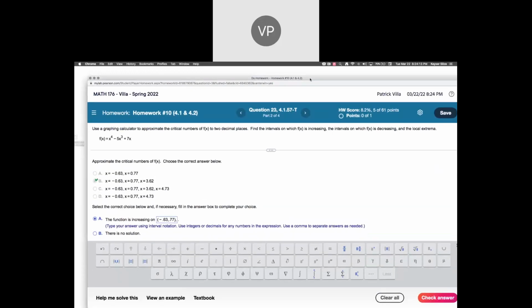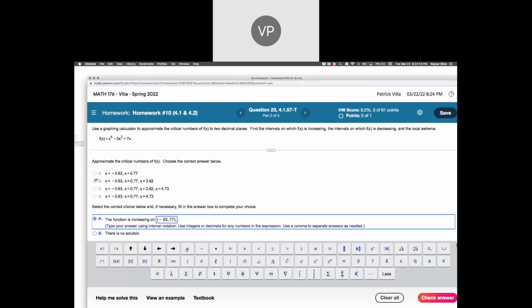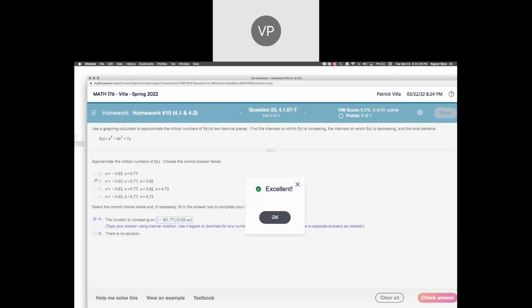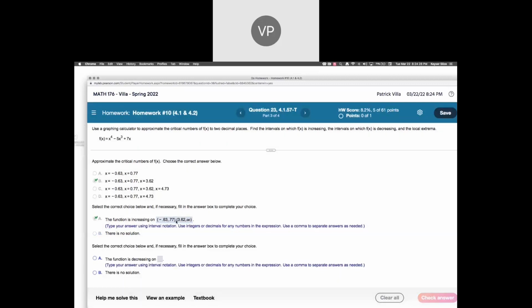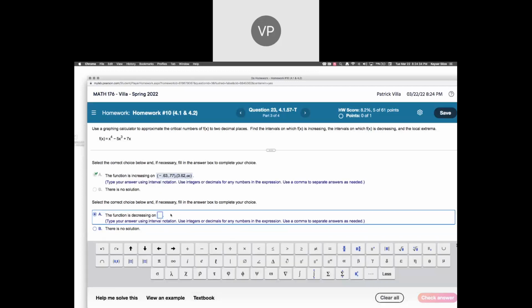Remember, we were at 3.62 all the way up to positive infinity. Okay, and there it is. So normally I would put a union sign in between these two interval notations, but they actually said to put it as a comma. Now, I'm curious, I'm going to purposely do a union symbol on this next one just to see if it works.